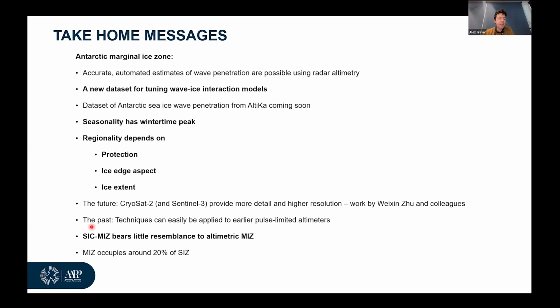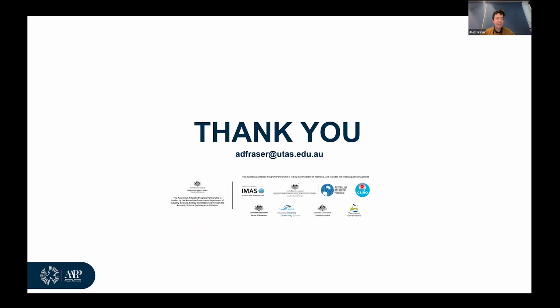But more importantly, I think using past altimeters, we'll be able to use these techniques easily to get a longer term record of wave-affected marginal ice zone around Antarctica. Importantly, there's little correspondence between the sea ice concentration definition and the wave-affected marginal ice zone, as we've suspected for a long time. So with that, I thank you for paying attention.